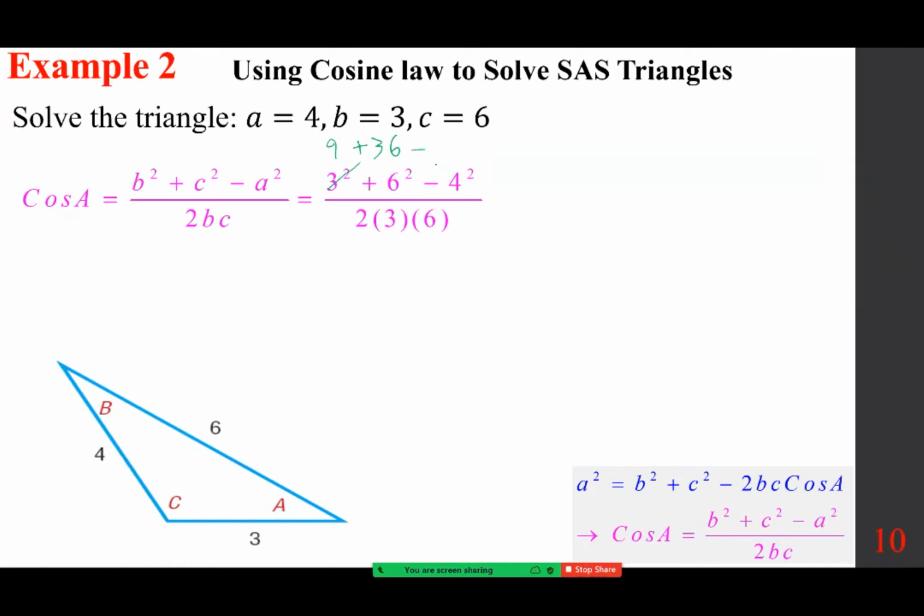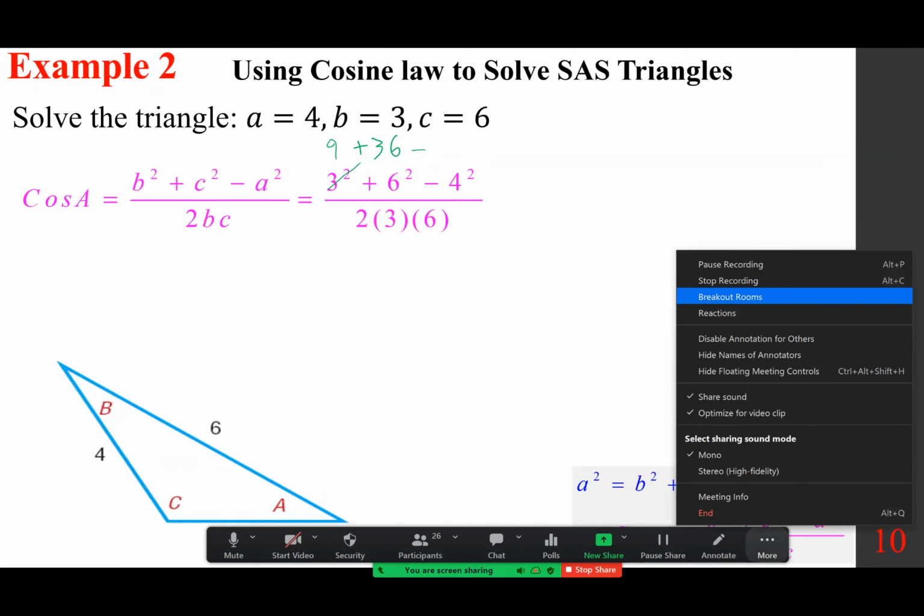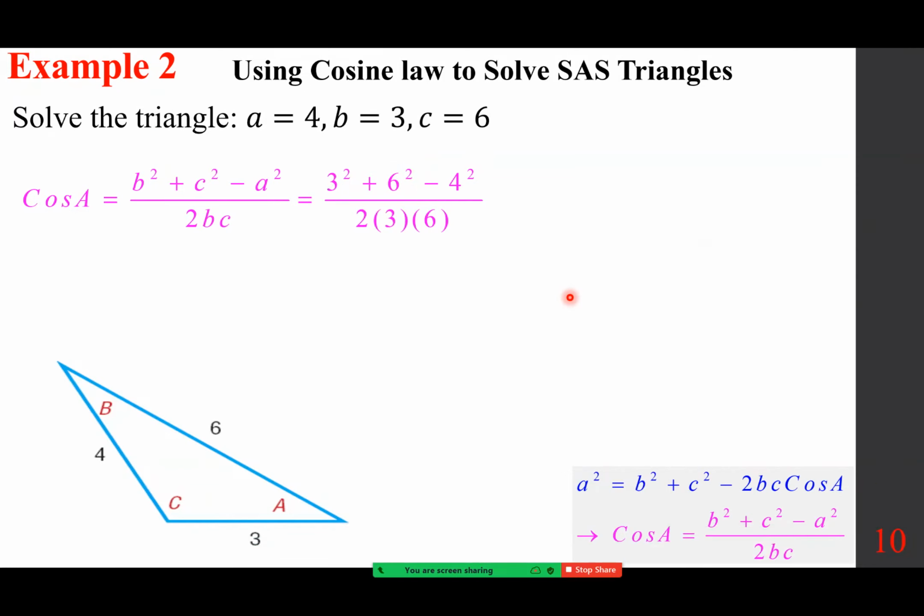Nine plus 36 minus 16. Okay, so we can add up 9 and 36 minus 16. 29, the denominator is 36.